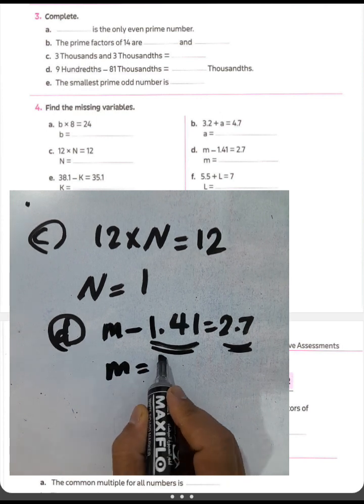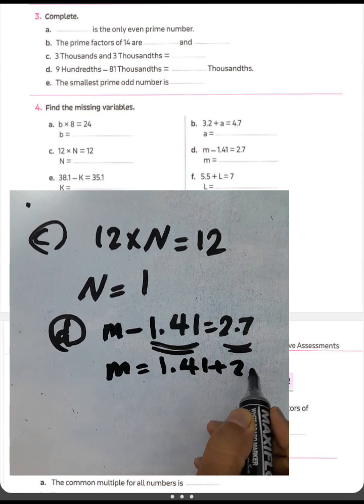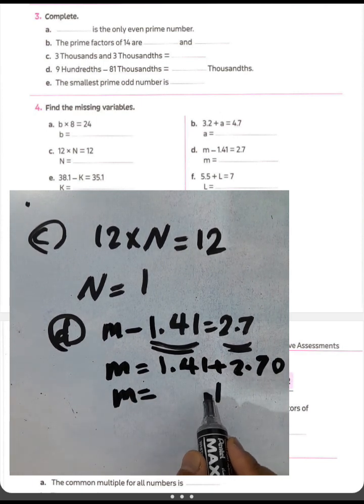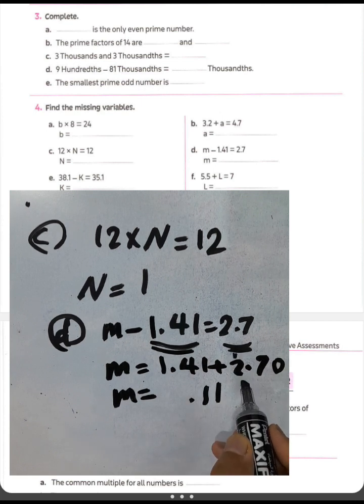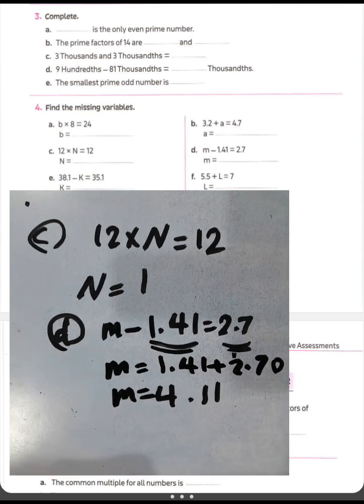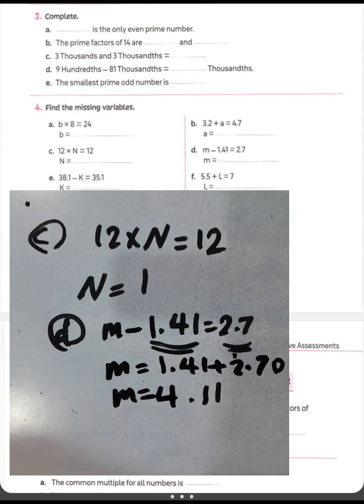M will be equal to 1.41 plus 2.7. We must put 0 here. 0 plus 1 equals 1. 7 plus 4 equals 11. 1 and the carry of 1. 2 plus 1 equals 3. 3 plus 1 equals 4. The result will be 4 and 11 hundredths. Understood? It was question letter D about question number 4.